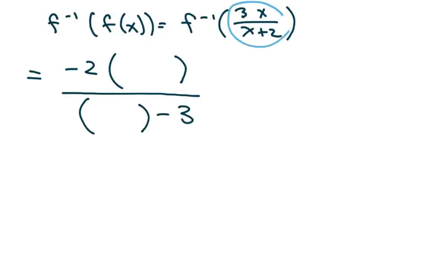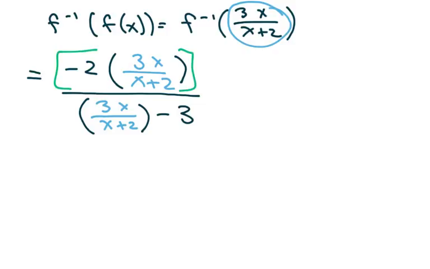And I'm inputting my x here, so this is 3x over x plus 2. Now, what I'm going to do is clear the fractions here by multiplying by x plus 2 over x plus 2.